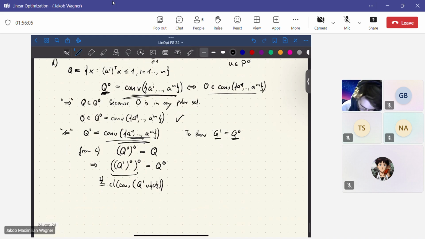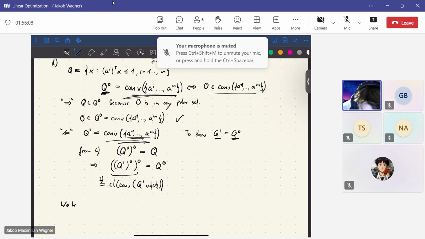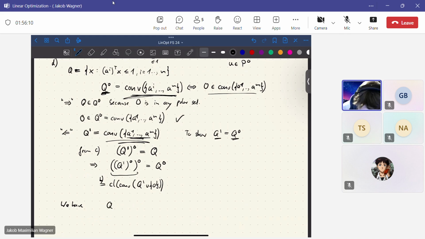So totally we have that this Q, the polar set, is the closure of the convex hull of Q prime, including 0.